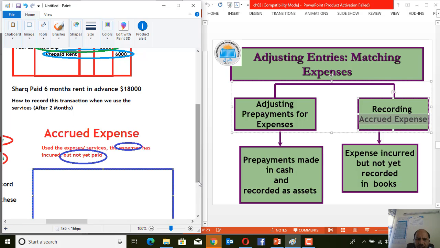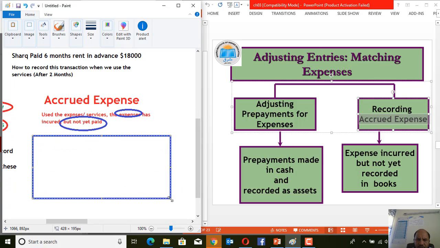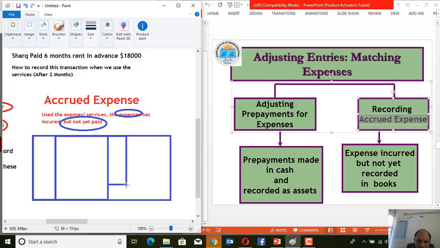Consider that this is a general journal, and this general journal again has 5 columns. The second column is for description, the third column is for the reference number, the fourth column is for the debit, and then the credit record. Okay, very good.